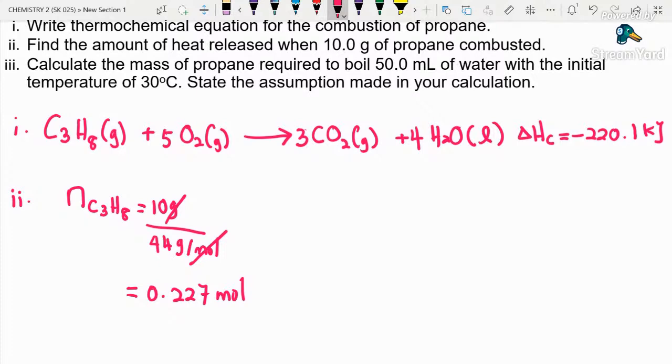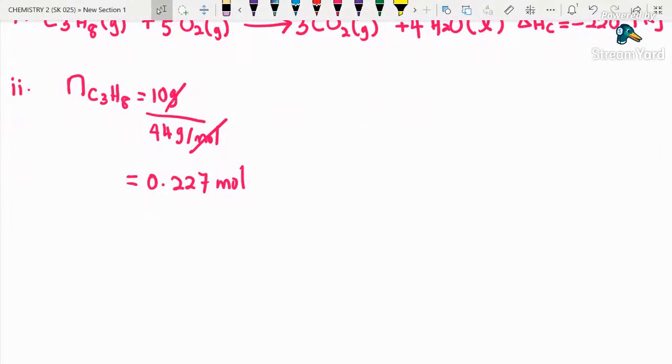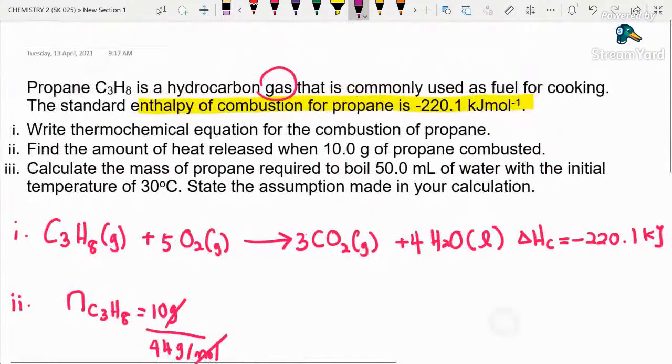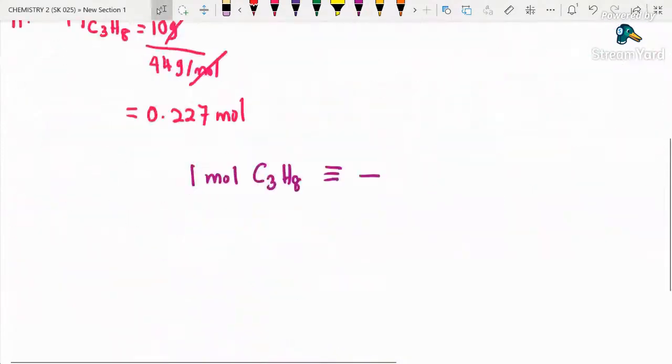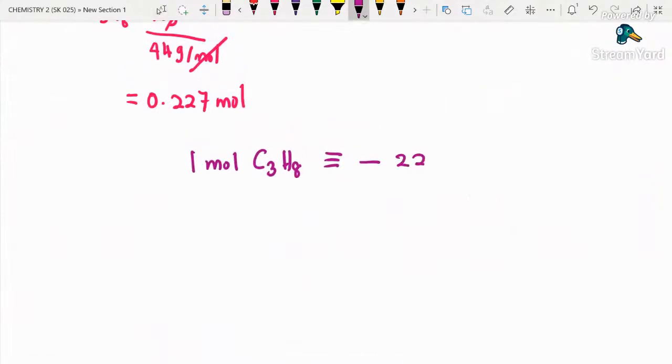Okay, so we want to calculate the heat release when 10 gram of propane combusted, which is 0.227 mole. So, to solve this problem, we need to write what we call it, perkadaran, something like that lah. 1 mole of propane combusted produce how much? Negative 220.1 kilojoule. If we only have 0.227 mole of propane combusted, how many mole?